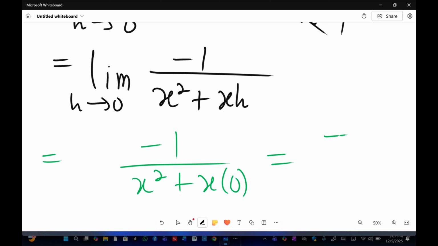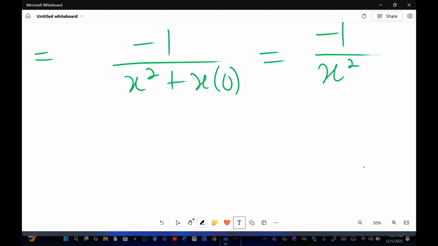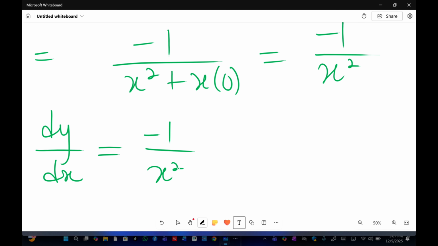And this will give us negative 1 divided by x squared. So this becomes the derivative of the given rational function. So we conclude that dy/dx of the given function is equal to negative 1 divided by x squared.